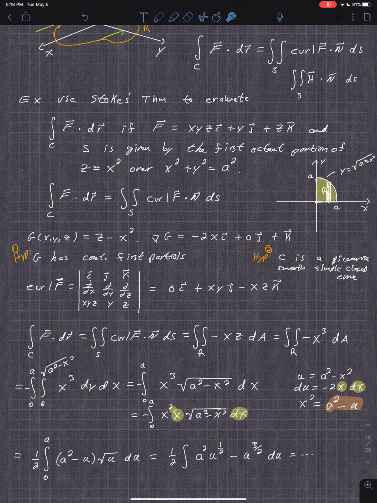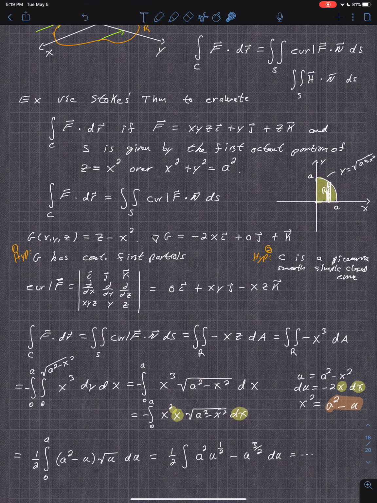So F is given. So you want to actually calculate this line integral. So we're given S, and you want to look at the intersection of S that's over x squared plus y squared equal to a squared.